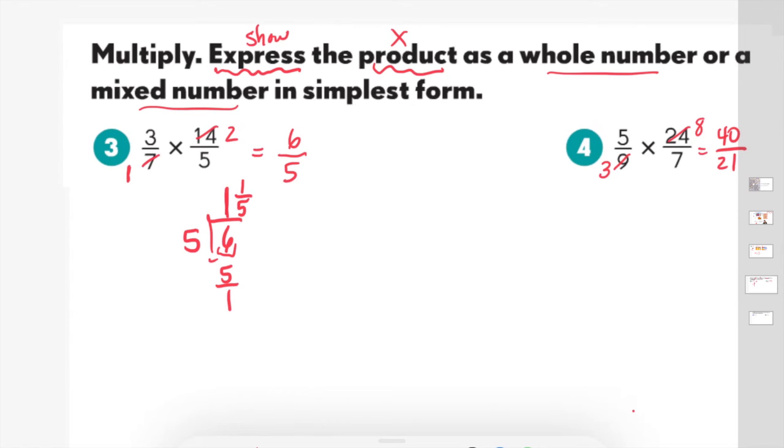Now, this is a fraction, obviously, that's greater than 1, because the numerator is greater than the denominator. So we're going to divide 40 divided by 21. We know that 21 can go into 40 only once. So we have a remainder of 19. So 1 and 19 over 21.